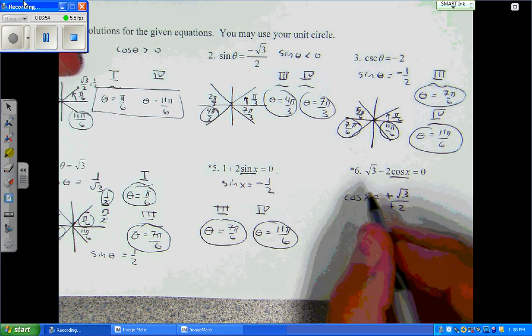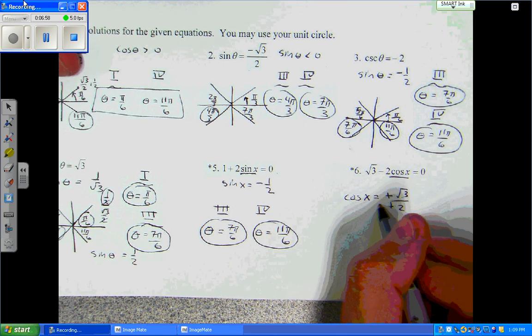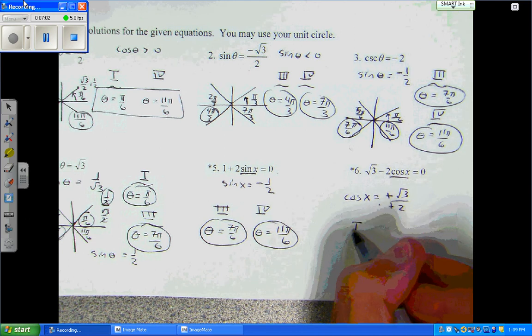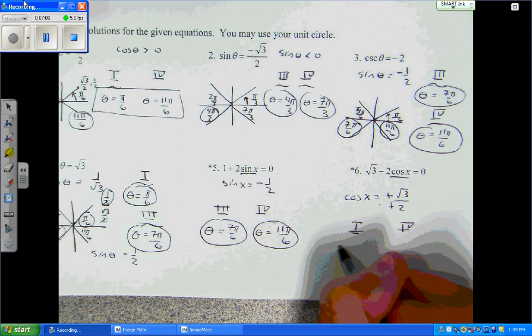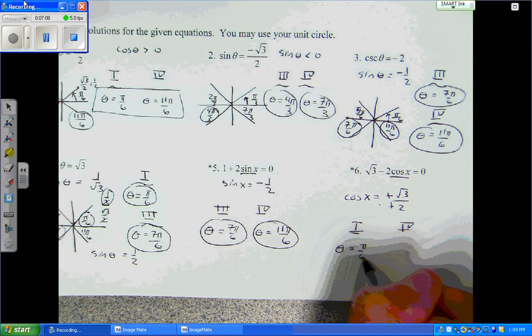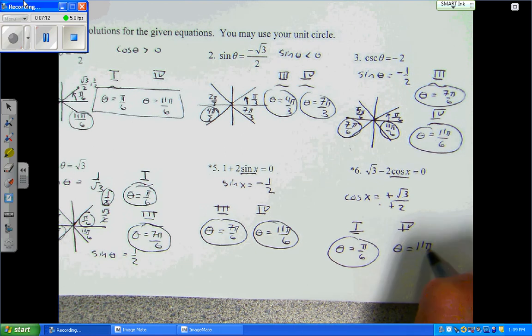It becomes a positive. Anyways, we actually have this answer already from question number 1. So we know cosine is positive in the first and fourth quadrant. And from number 1, again, don't reinvent the wheel. You already have those answers. Pi over 6, and we get 11 pi over 6.